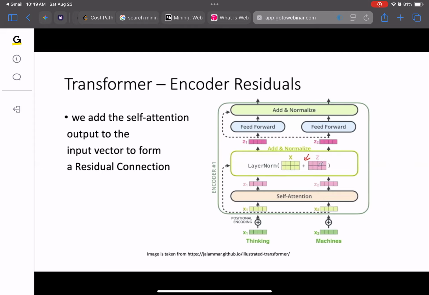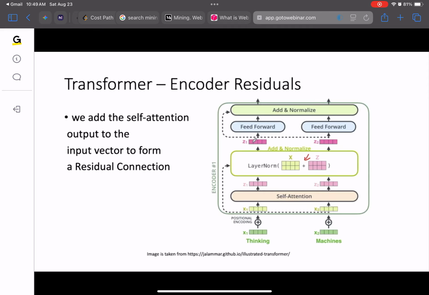We normalize them and get normalized vectors, and those normalized vectors are passed on to the feed forward network. So there's a layer normalization layer in between; we don't directly pass it to the feed forward network.